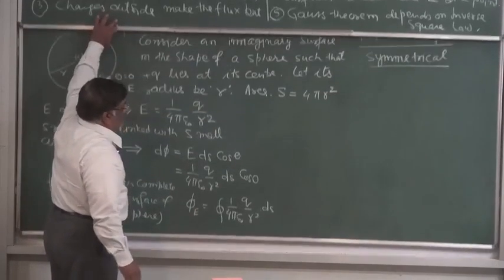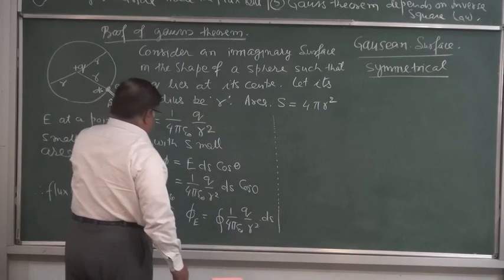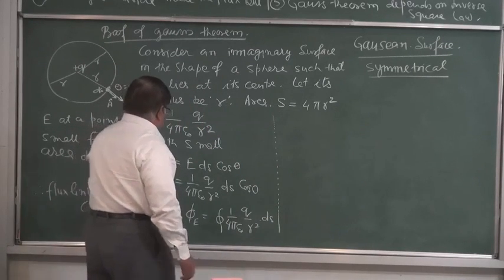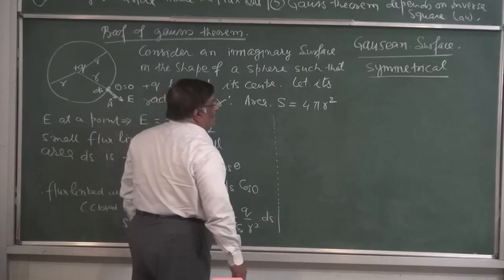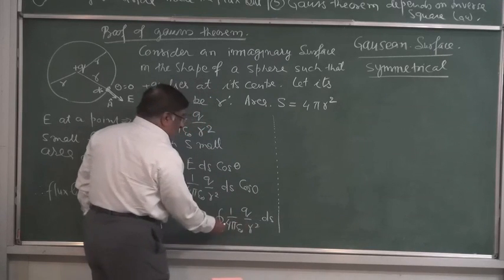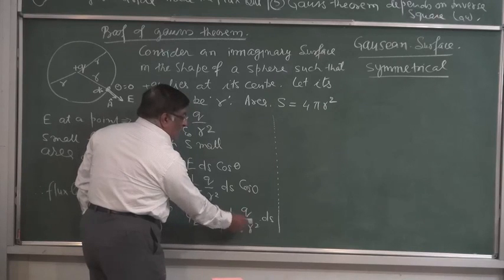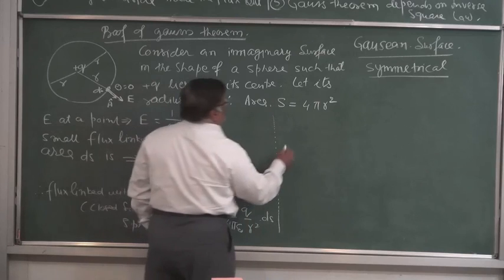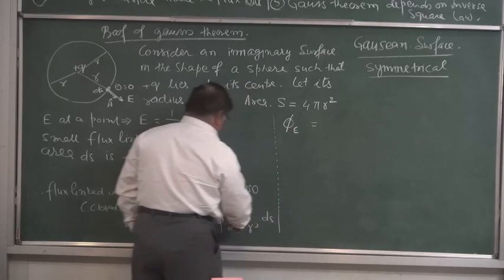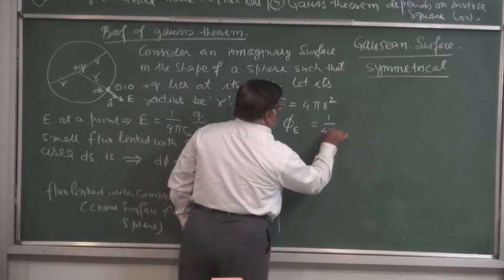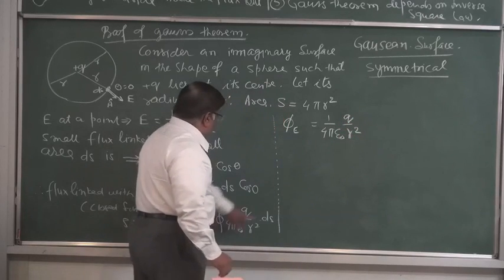So now, integration of ds is the total spherical area. Here you see 1 is constant, 4 pi constant, epsilon naught constant, q and r are also constant, so everything comes out. Flux is equal to 1 upon 4 pi epsilon naught q upon r square and closed integral of ds.